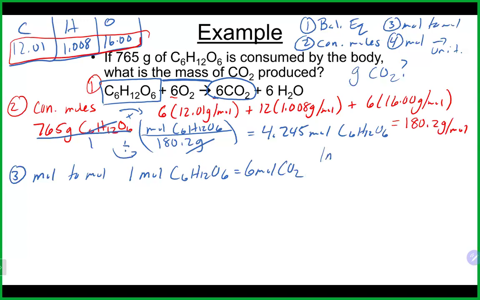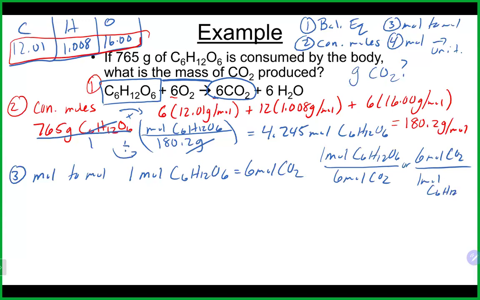If it helps, you could write the 2 conversion factors, and that will give us our 2 conversion factor options here. Or we could flip it around and go with 6 moles of CO2 up on top, and our 1 mole of our C6H12O6. So continuing on with our number from the previous step, we got 4.245 moles of C6H12O6.